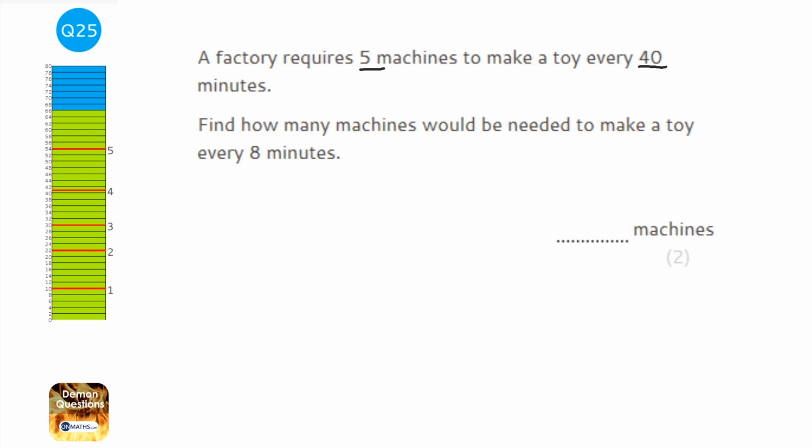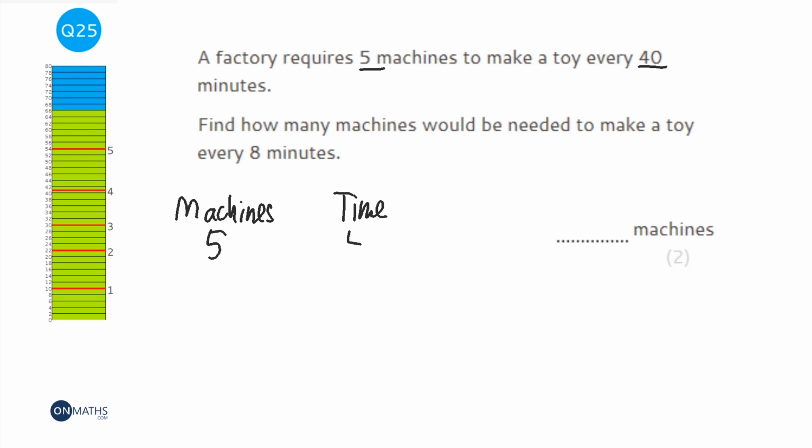Now there's an advanced way of doing it where you work out the formula and you do it that way. I'm going to show you a slightly different way that's maybe easier for some people. So if you think about the machines, which is one variable, and the time, which is the other, and we've got 5 machines and it takes 40 minutes, then if we times those together, we get something which I'm going to name machine time.